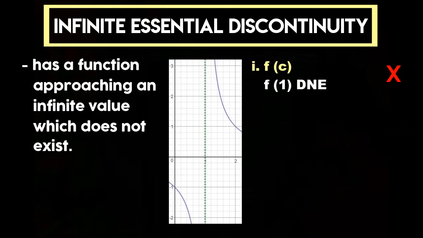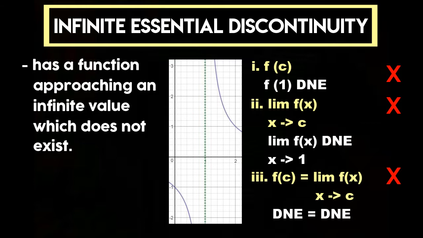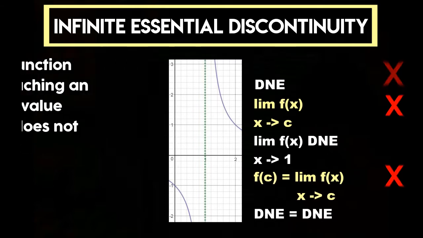So that will result to the limit of f of x as x approaches 1 from the left being negative infinity, and the limit of f of x as x approaches 1 from the right being positive infinity. As you can see, all three of the conditions are not satisfied in an infinite essential discontinuity.